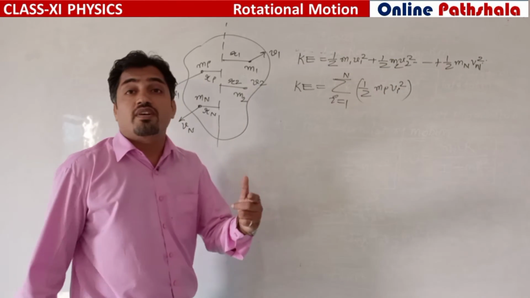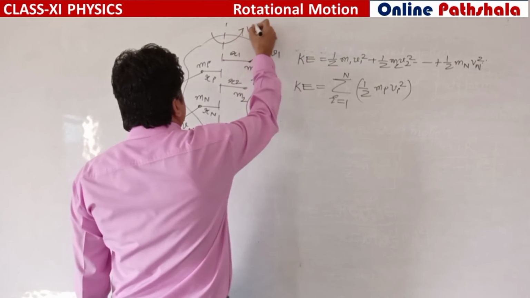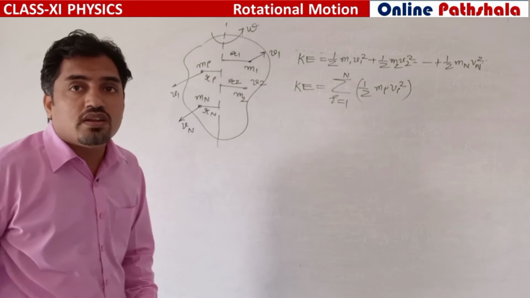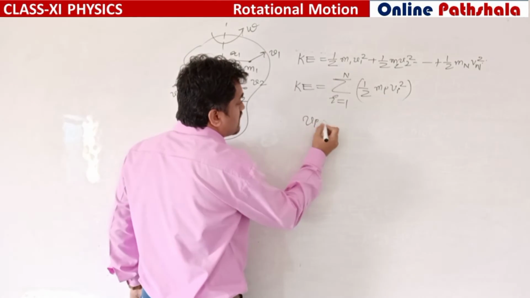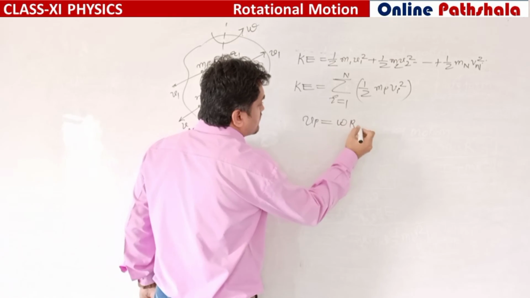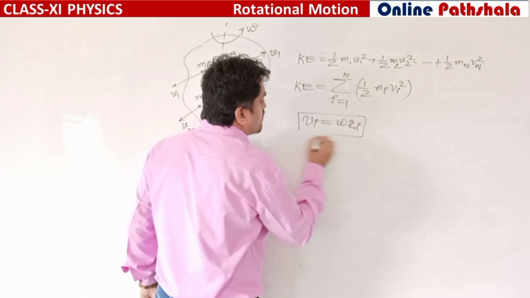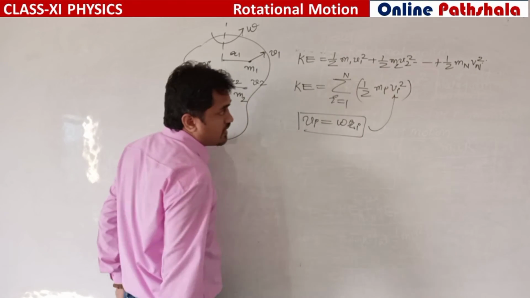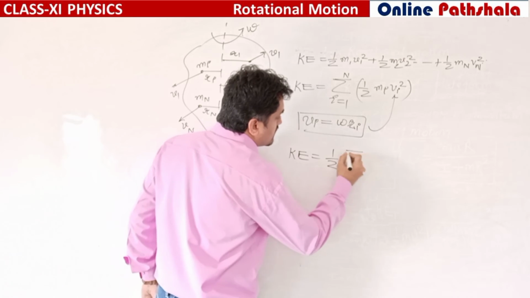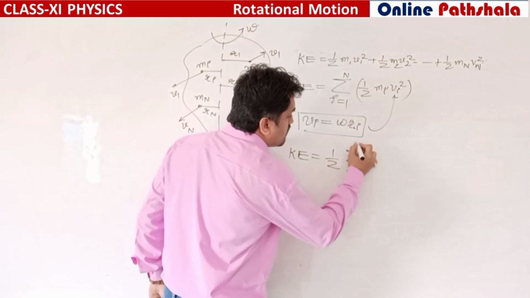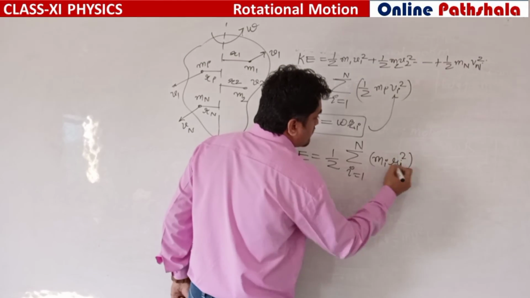And you know very well, this body is rotating with angular speed omega, and the relation between vi and omega is vi equals omega into ri. We can put this in the above expression.